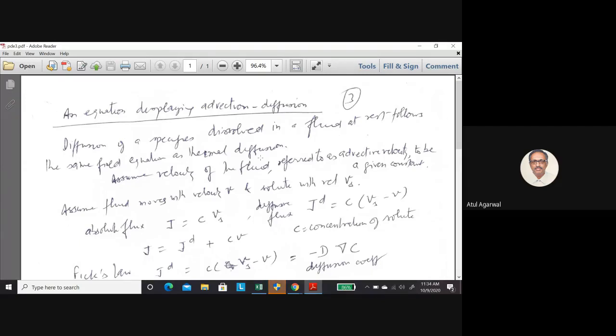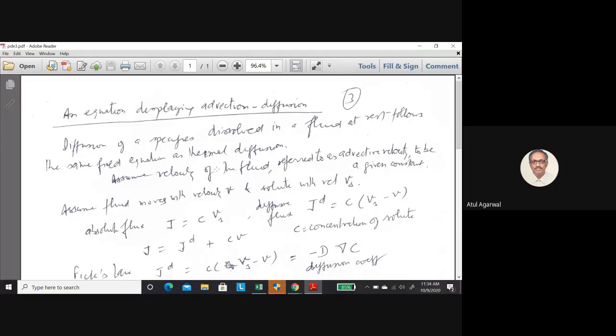If the liquid is stationary, that solute diffuses in the same manner as thermal diffusion. For example, if you open a bottle of scent in the room, then because of the concentration gradient, that scent will spread throughout the room, similar to thermal diffusion, if we assume that air is at rest.